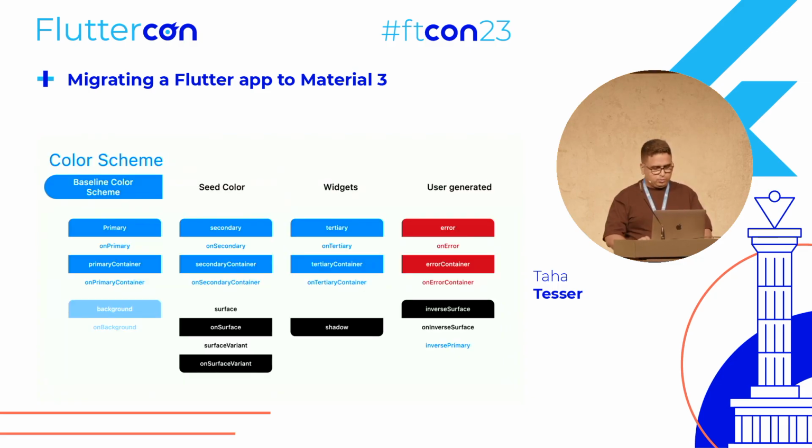In Material 2, there is a surface color and variant color. The outline color is using the surface variant color, so it's missing. And you can see that inverse color is completely gone. There is no inverse primary, it's blank. So when you use the Material 3 flag, you can't use the same colors as Material 3 because it's not compatible.